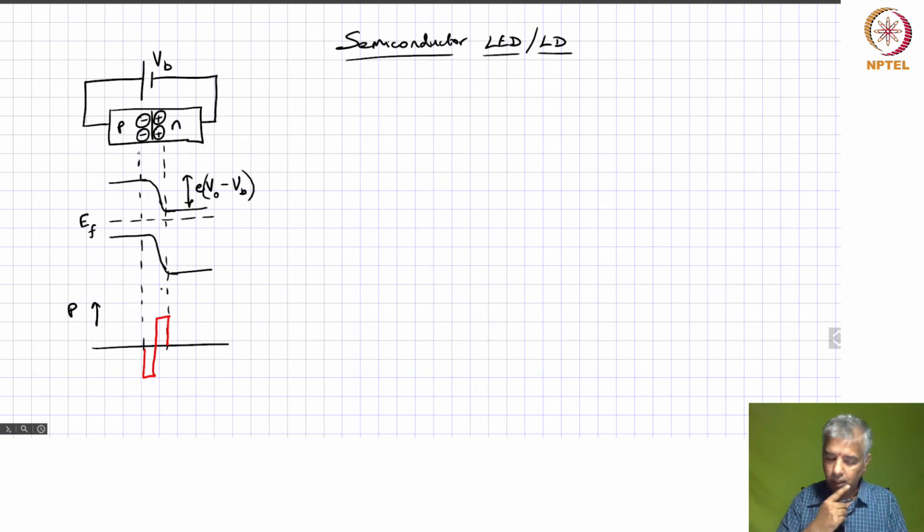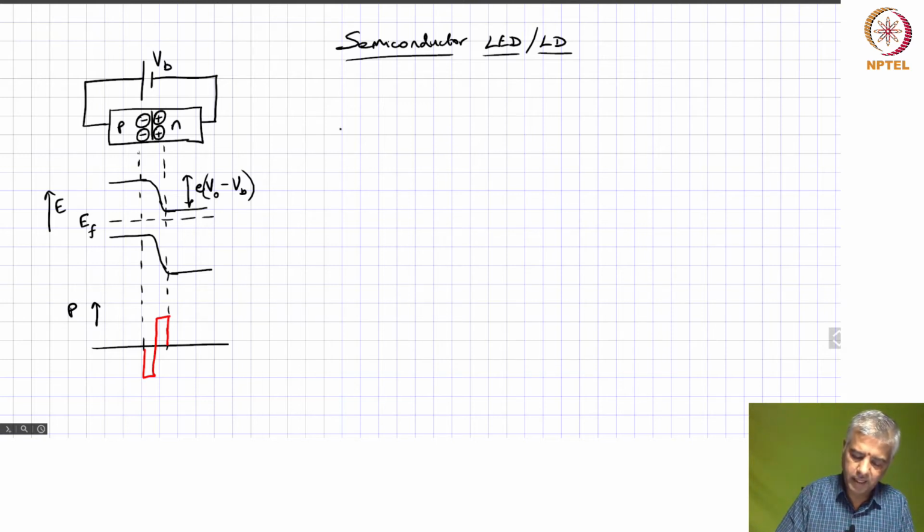So how do you represent that? Well, this is your energy level diagram, right? This energy you can now plot as a function of your momentum in what is called the EK diagram.